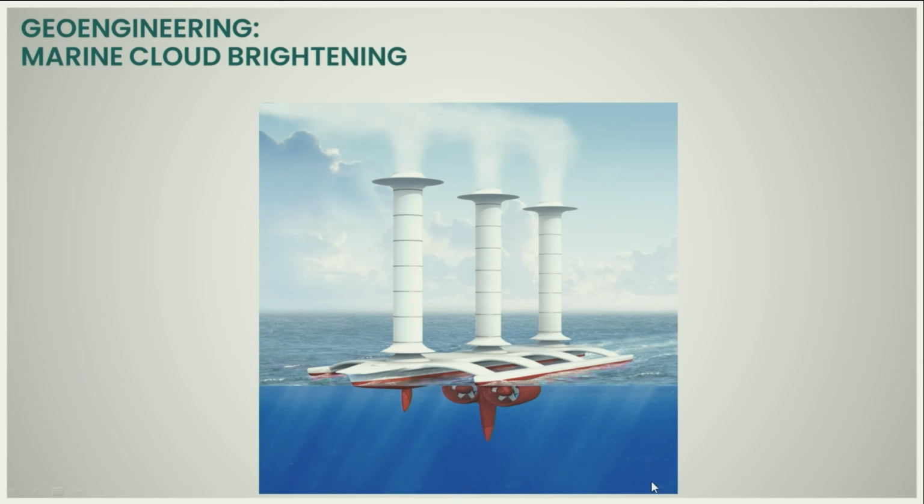So the idea that was had by a Scottish scientist called Salter is that you build a ship. This is a kind of unmanned ship, a drone ship, and you pump water up these masts with a very fine nozzle at the top to divide it up into very finely divided particles, and you release those into clouds, into low-lying clouds, especially the sort of clouds you get at sea, marine stratus clouds.